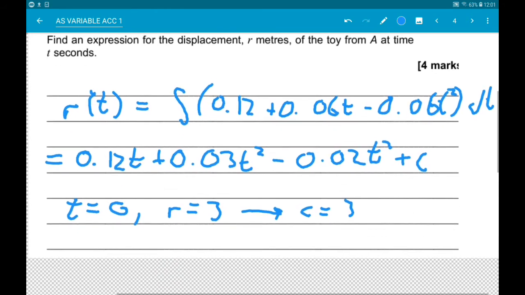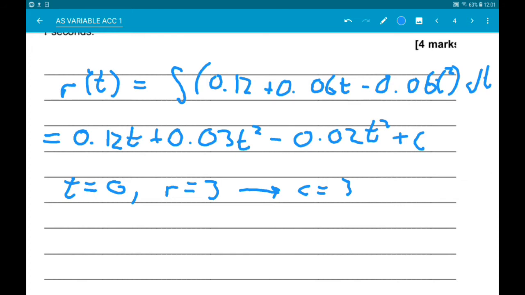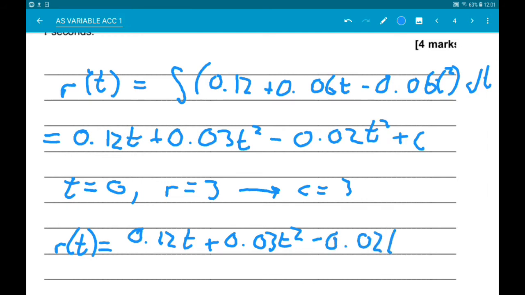So, finally, r of t is 0.12t add 0.03t squared minus 0.02t cubed plus 3.